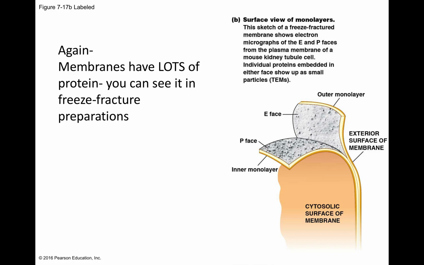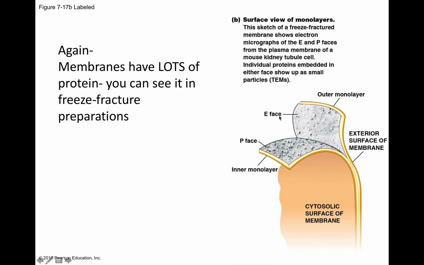So here is some evidence as to how proteins move in the membrane and the fact that there are lots of proteins in the membrane, from different techniques that show this. There's a technique called freeze fracture where you take a cell and you cut it and then you break it. First you freeze it and then you break it.